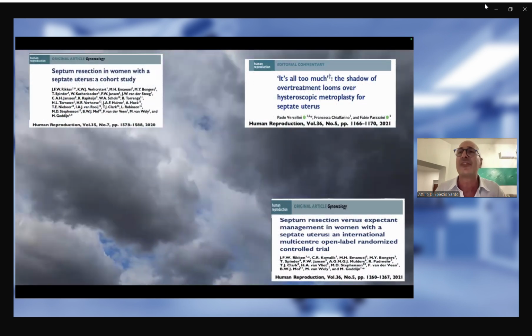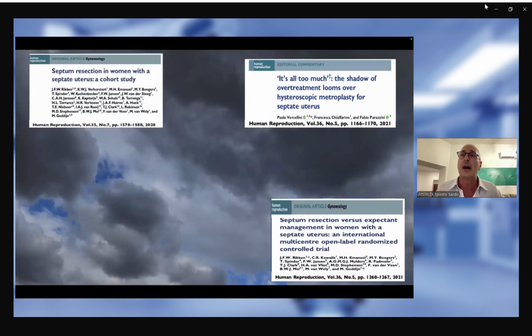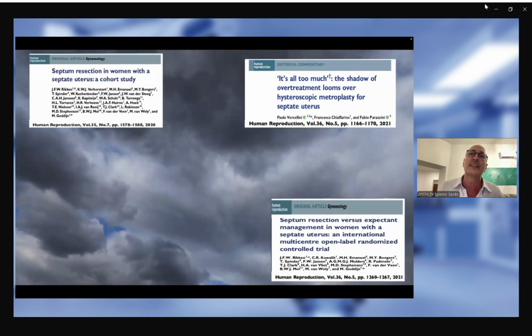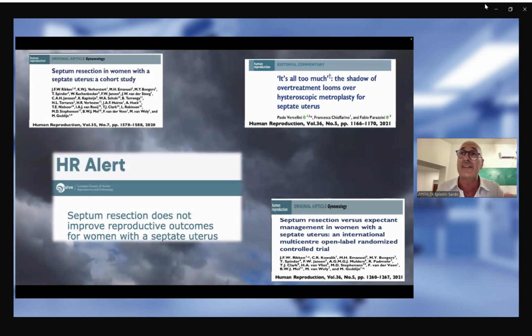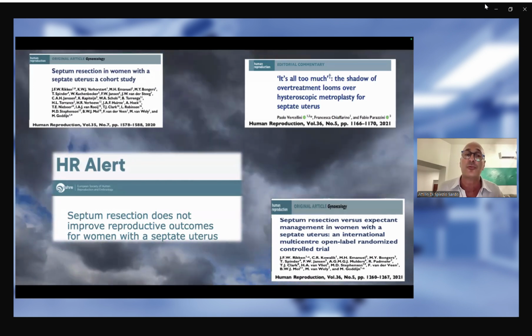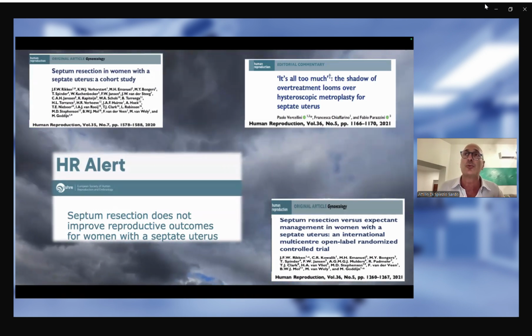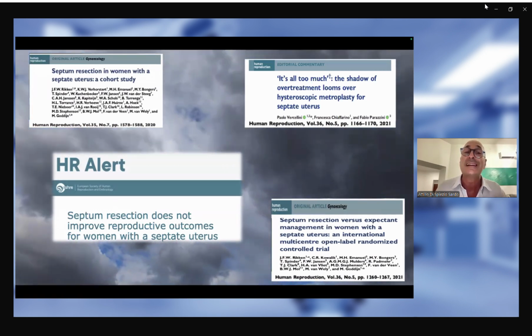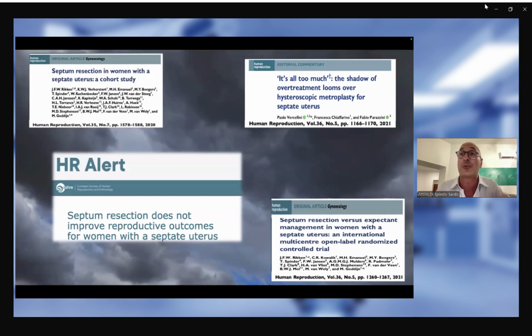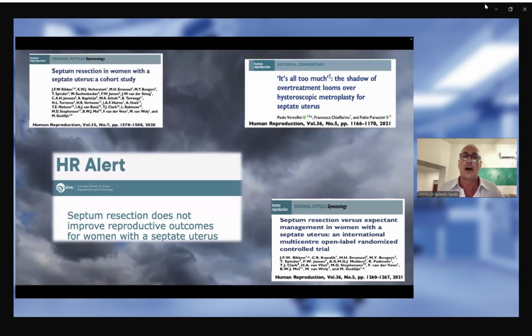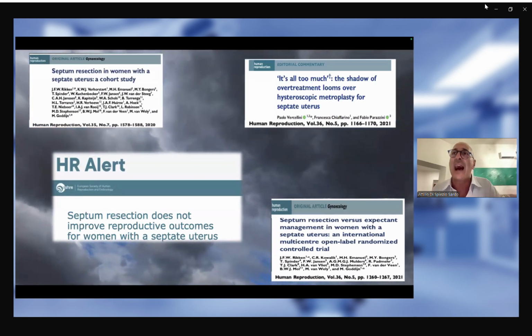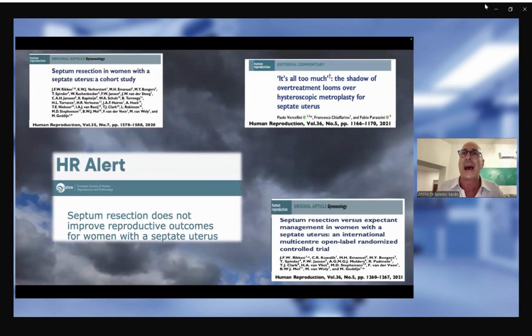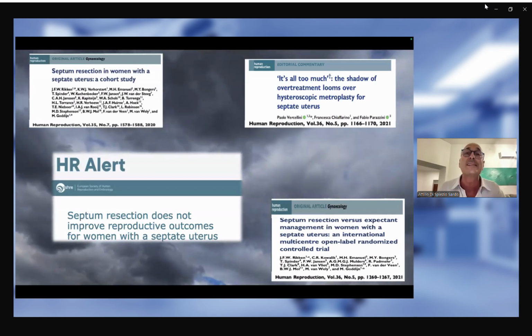But then we saw some papers, mostly from the Dutch school, published in a very important journal, and even a very strong alert by Human Reproduction, saying that septum resection does not improve reproductive outcomes. And so the community went into a nightmare, because we strongly believed that our surgery was useful, and then our convictions were dismissed.